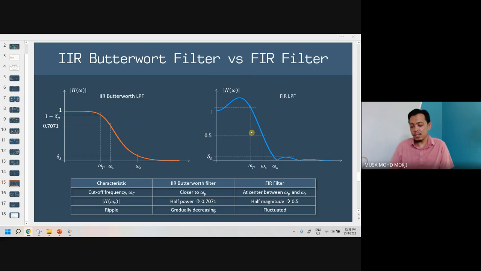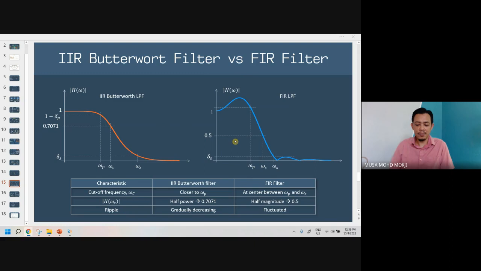But when we do a digital filter design, we don't really involve those circuitry, the RLC circuit, the op-amp. We don't do that. Everything is on a discrete system. Everything is in memory. So power is not that significant anymore when we design it. Then we just look at the magnitude.